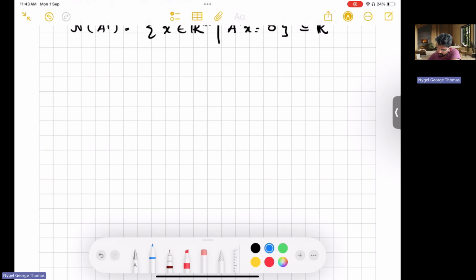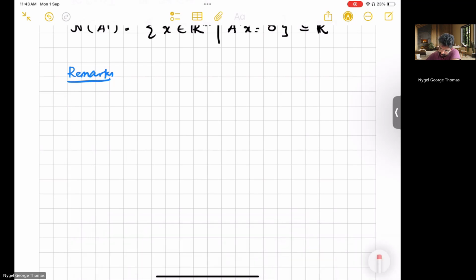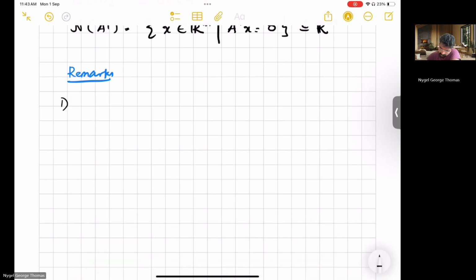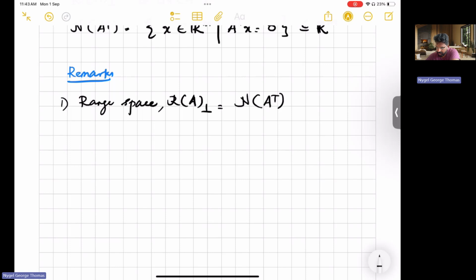Some remarks: first, we had the range space R(A) and its orthogonal complement is the null space of A transpose, or the left null space.